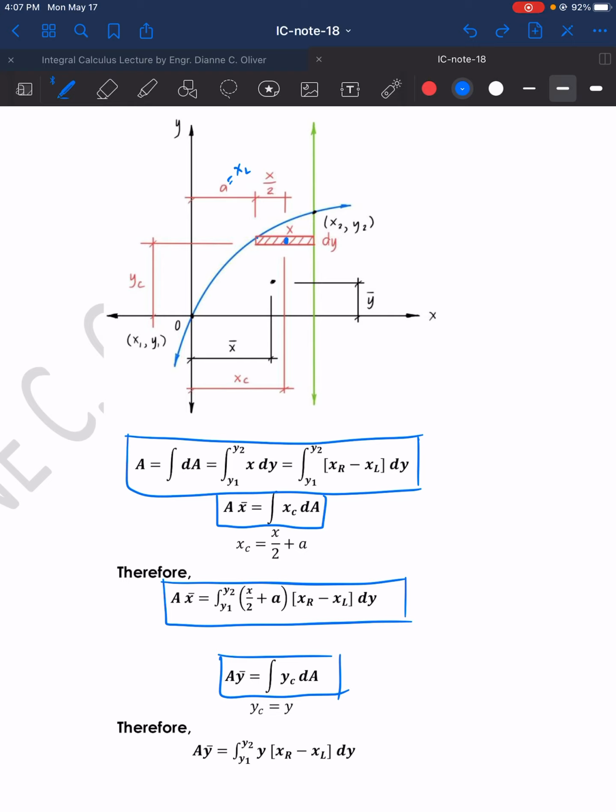Substituting that to the general formula, we have A y bar is equal to the integral of y times x right minus x left dy. Limits are y1 to y2. The A here means the resulting area that we have computed using this formula. Okay?